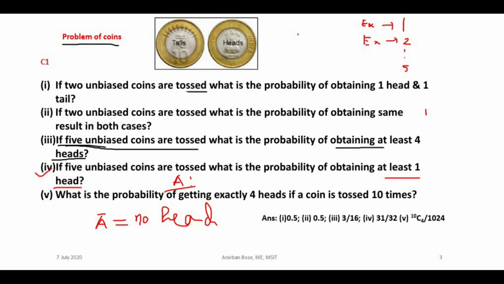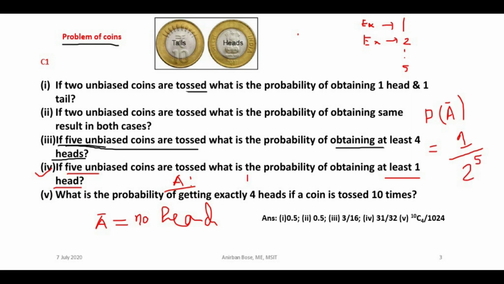So let us find out the probability of A complement. If there will be no head, that means all are tails. So how many such outcomes are there? Only one outcome. So favorable cases is 1. And what is the total number of cases of the random experiment? That will remain the same, that is 2 to the power 5, that is 32.